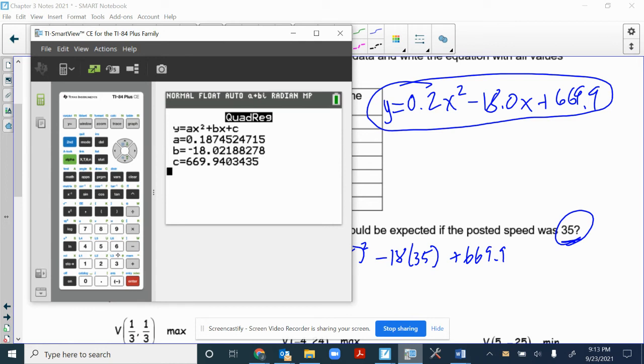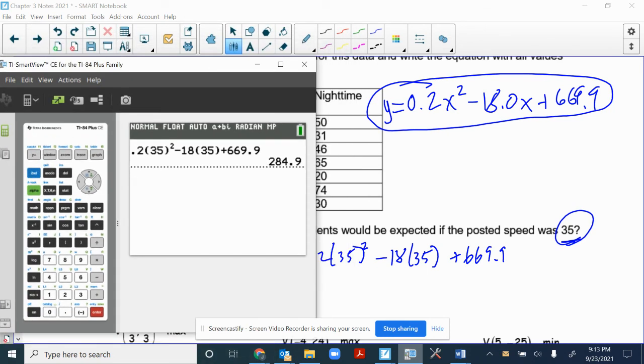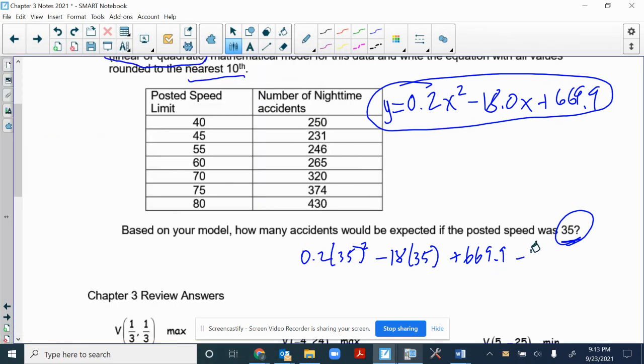So 0.2 times 35 squared, minus 18 times 35, plus 669.9. Hit enter, and it would be 284.9, which 285 is a better approximation because you can't really have 0.9 of an accident.